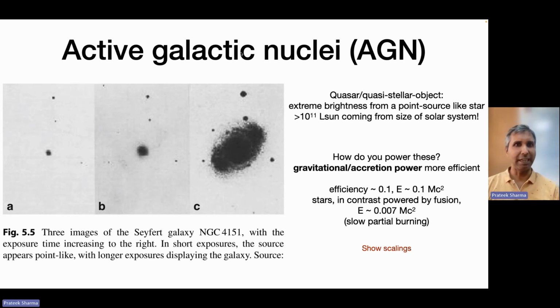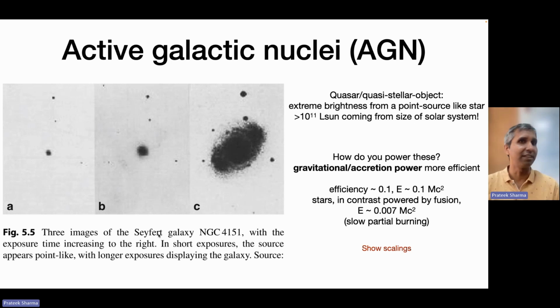So AGN. For this material, I'm actually following Schneider's book, which I had mentioned at the beginning. These are 3 images of a Seyfert galaxy. You remember I said that there were these emission line galaxies which were known in 1920, and they were studied by someone called Carl Seyfert.